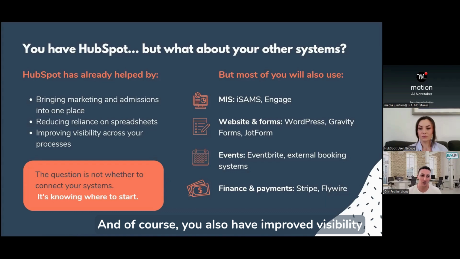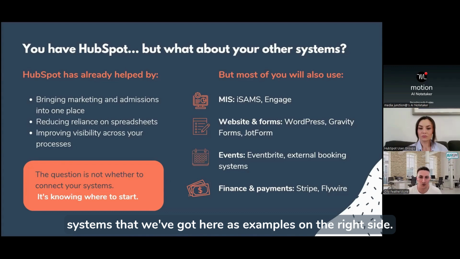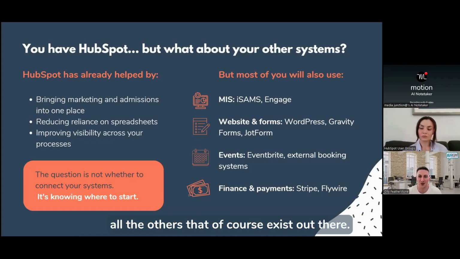Of course, you also have improved visibility across your whole process with the use of deals, or at least some sort of pipeline setup in the account, where you can very easily track and see where your prospects are in that journey. However, most of you will also be using one of the other systems we've got here as examples on the right side. So some sort of MIS system, certainly ISAMs, Engage, and all the others that exist out there.